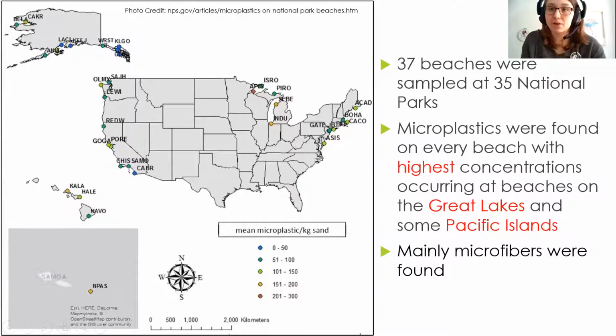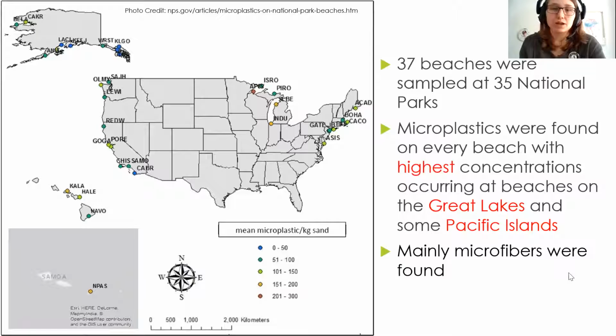Here's an example of a study that I thought was pretty cool. This study looked at 37 different beaches at 35 different national parks. Basically they went out and took samples, and then looked at what kind of microplastics and how much they were finding at these different national park beaches. I want to point out that not all of the beaches are coastal, right?